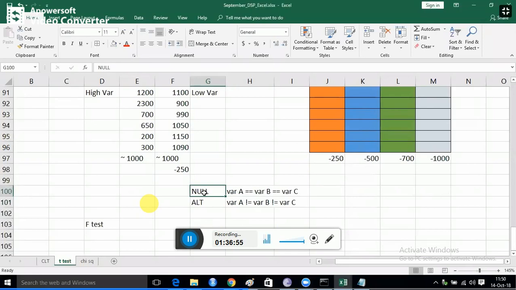The actual explanation is, if null hypothesis is rejected, which means the variances of A, B, and C are high and different, and hence my F test is successful, isn't it?